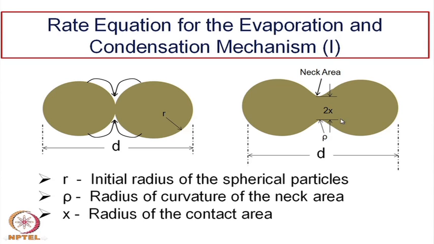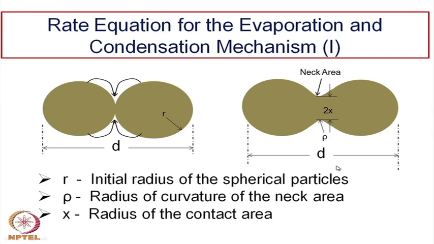So the distance from here to there is the diameter of that circle, and so it is 2x. So x is the radius of that flat circular contact area.